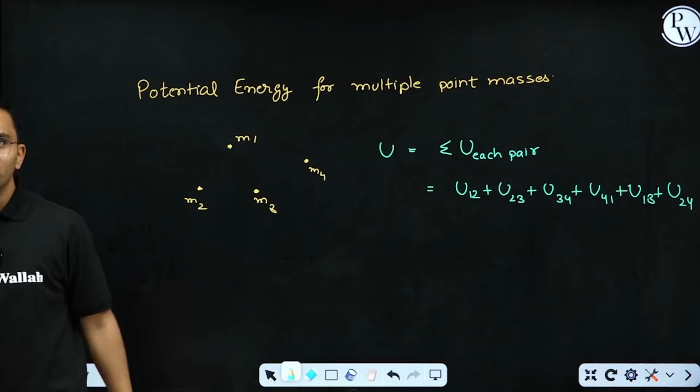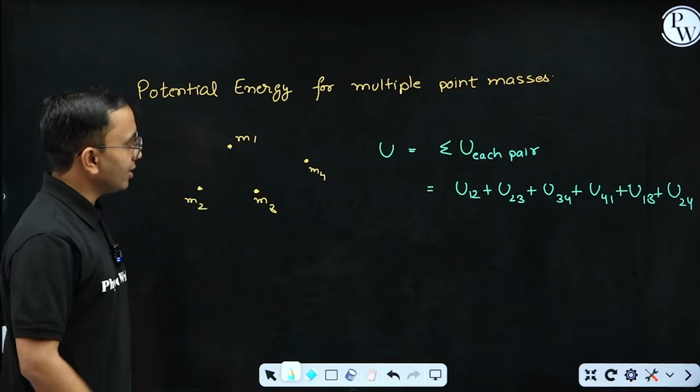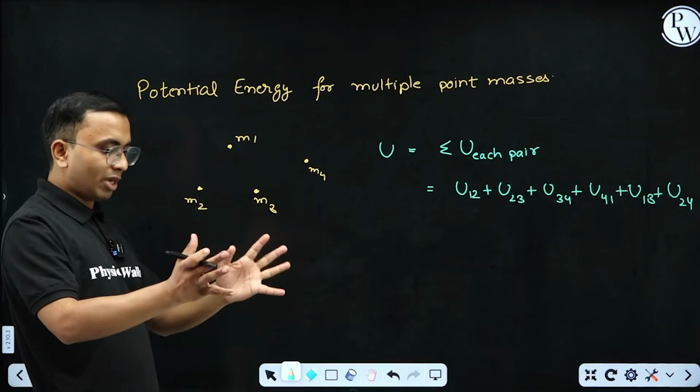Take the potential energy of each pair and just add that. That will become the potential energy of my system.